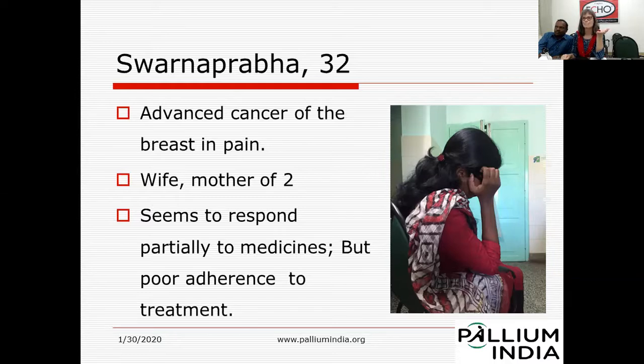What else? Psychological thing, because breast cancer at the age of 32. Psychological factor. Exactly right. She's facing that she has advanced cancer, probably incurable, and she's only 32 years old.